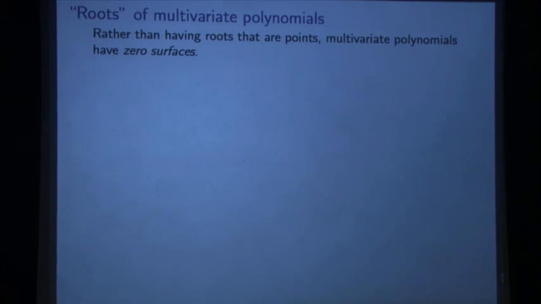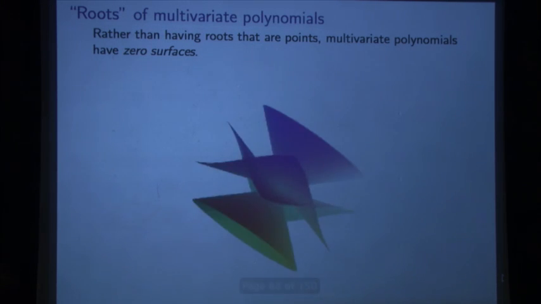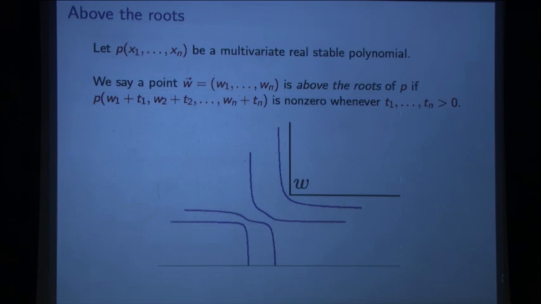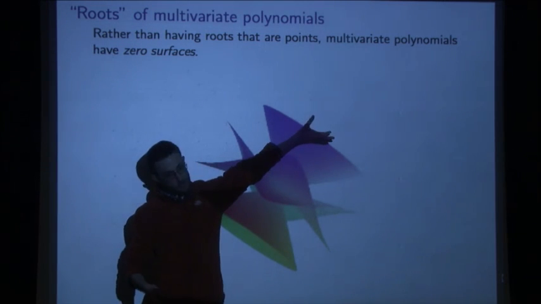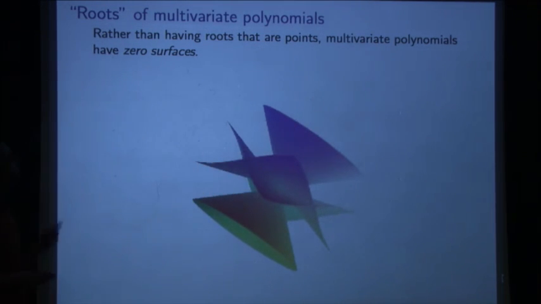Well, rather than having points as their roots, they have zero surfaces, or varieties if you're an algebraic geometer. And they sort of look like this. I want to define what I call being above the roots. The idea of above the roots is that you're in this cone right here.